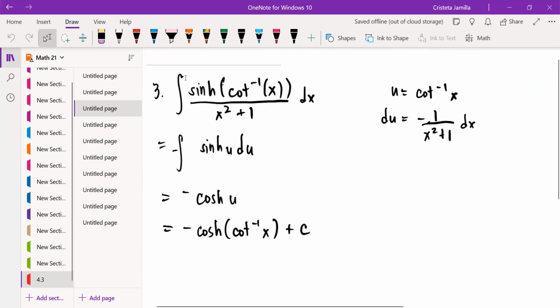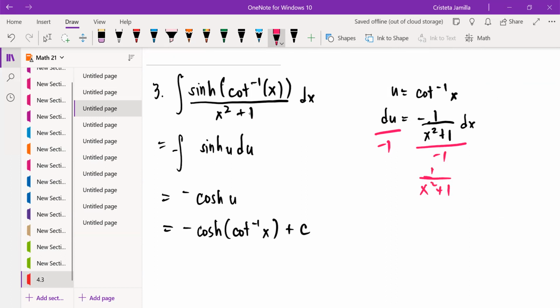So for number 3, we have the integral of hyperbolic sine of cotangent inverse of x all over x squared plus 1. As you can see, we can let u be equal to the function inside hyperbolic sine. So that is cotangent inverse of x, and then the derivative would be negative 1 over x squared plus 1 dx. We can divide this by negative 1 to get 1 over x squared plus 1 dx equals negative du.